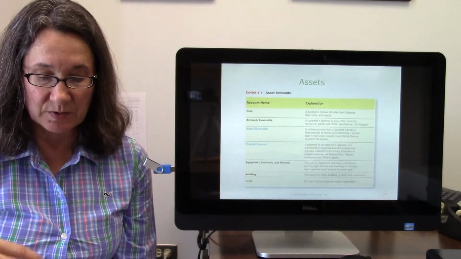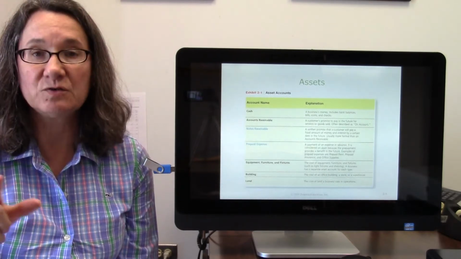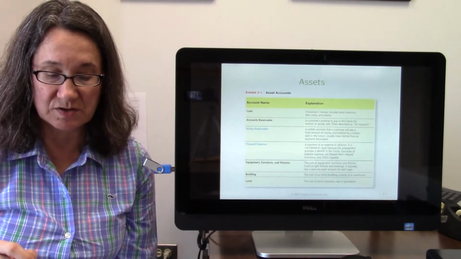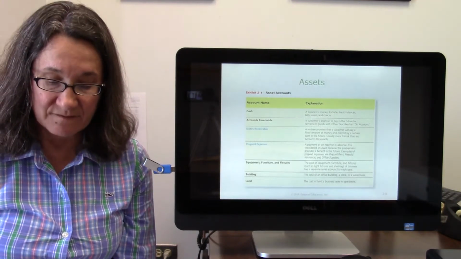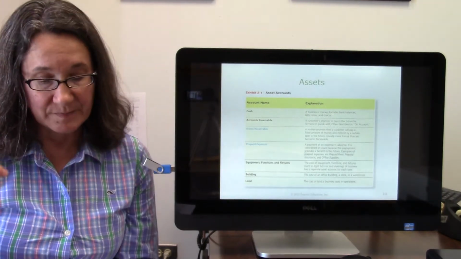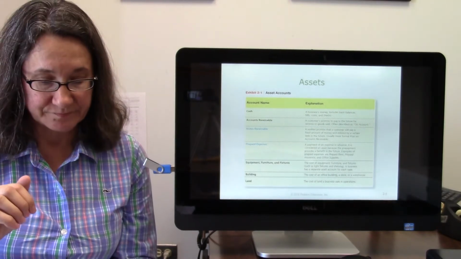Accounts receivable represent a customer's promise to pay monies in the future for services or goods already provided. Equipment, furniture, fixtures, land, all are assets used by business in operations. Right?